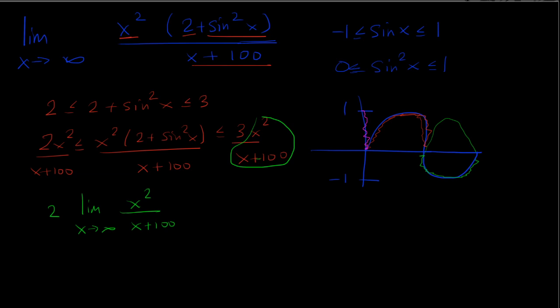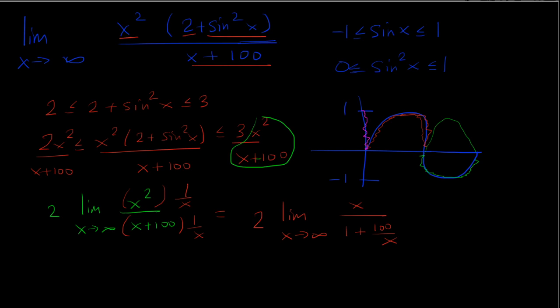So the way to do this is to find the highest degree of the bottom, which is x. So I'm going to multiply everything by 1 over x. So I'm left with 2 times the limit as x approaches infinity of x over 1 plus 100 over x.